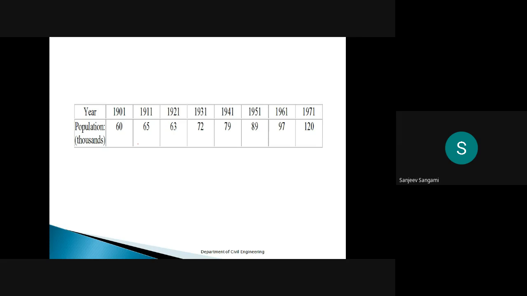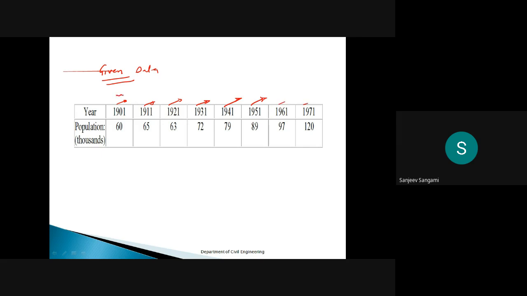So now the given data is like this. Here the population is given like this: the 1901 census, the 1911 census, the 1921 census, the 1931 census, the 1941 census, then 1951, 1961, and 1971.